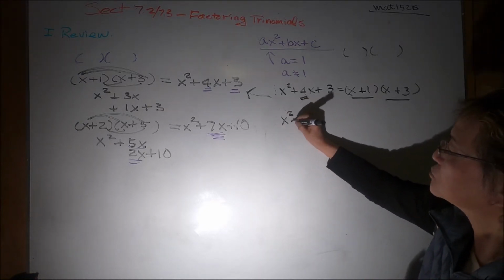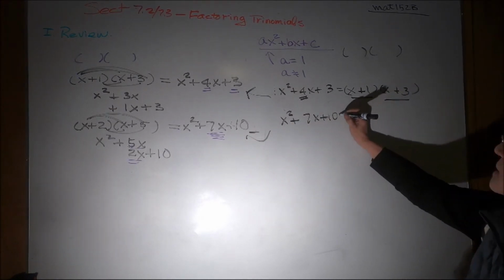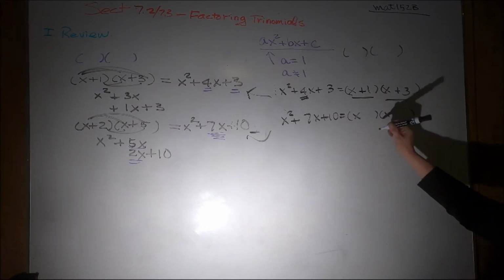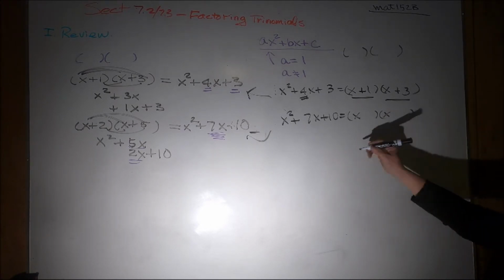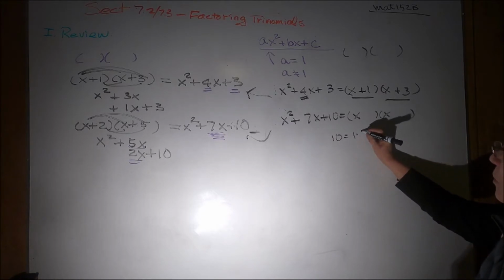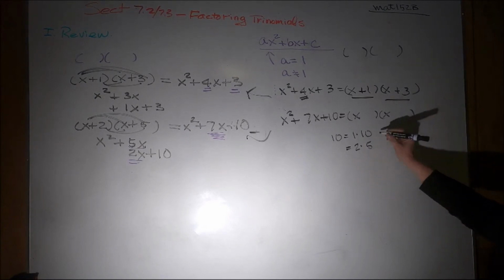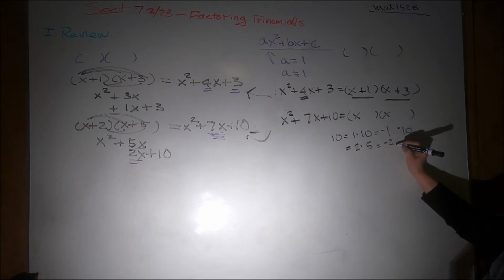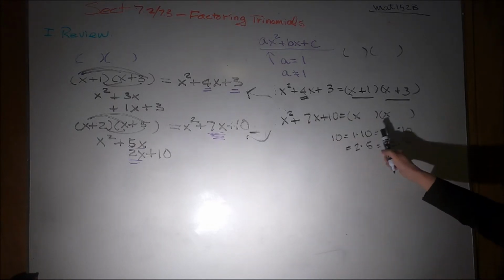So if I have x squared plus 7x plus 10 and break it down into two numbers, that means xx. The last number 10 means these two numbers multiply together. So 10 can be what? 1 times 10 or 2 times 5 or -1 times -10, or -2 times -5, right? But we want to add these two numbers together.